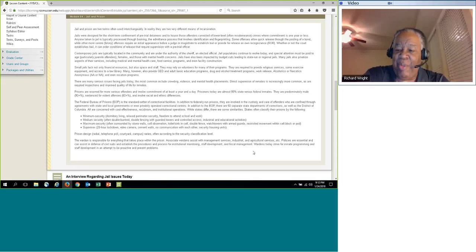Those are all departments of corrections, as well as D.C. And again, all are caught in the same bag, dealing with costs and expenses, recidivism, repeat offenders, and then some institutional operations. So there are a number of things that take place in these prisons.